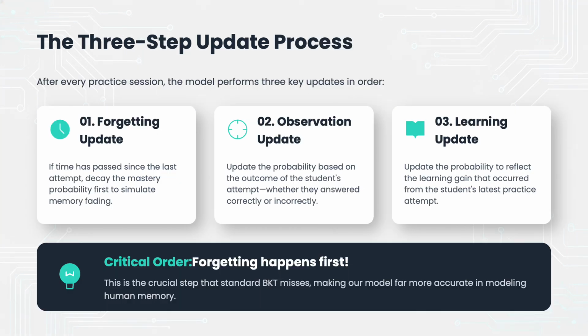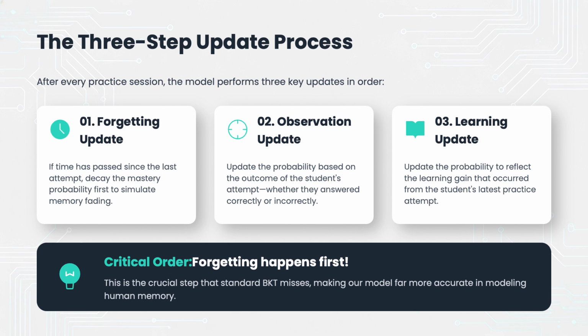So, how does the model work its magic after each question? It follows a specific 3-step process. The most important thing to remember is the order. First, if any time has passed since the student's last attempt on this topic, we apply the forgetting update. We decay their mastery probability to simulate real-world memory decay.